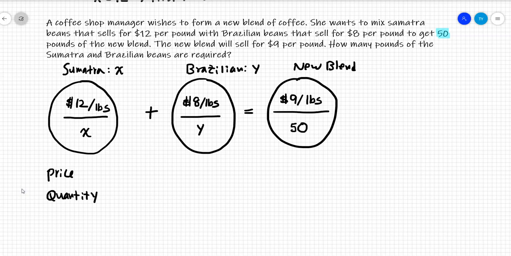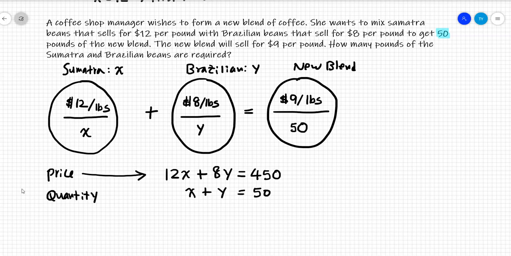So remember the Sumatra is X and Brazilian is Y. So for the price, we have what? 12X plus 8Y is going to be the $9 per pound we're going to have a 50 pounds, right? So that's going to be 450. But quantity is going to be simply x plus y equals to 50 pounds.